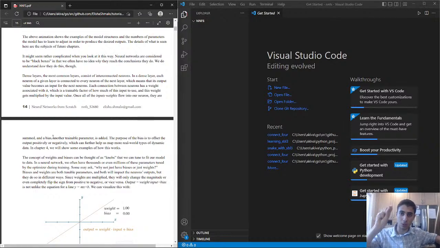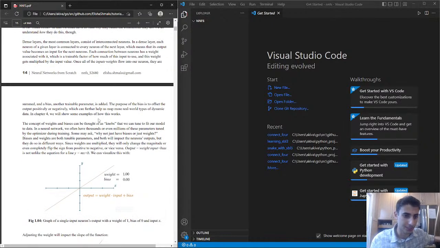Each neuron has its own bias, and then we also add that bias. Imagine the slope of a line: think about the mx part as being all of this, and then the plus b part being the bias. The purpose of the bias is to offset the output positively or negatively, exactly like a line, which can further help us map more real-world types of dynamic data. In Chapter 4, we will show examples of how this works.